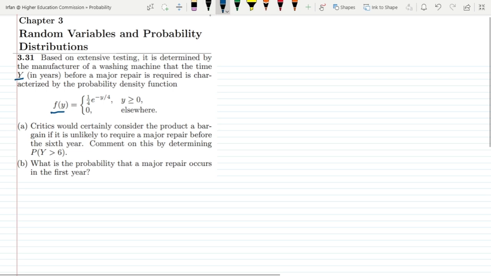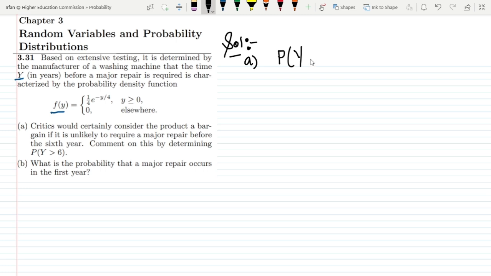Okay, so therefore let me write here the solution. In solving it, I have to find the probability that y is greater than 6, and now let me find F of y, which is the CDF, because this is now the PDF and its CDF would be F of y.